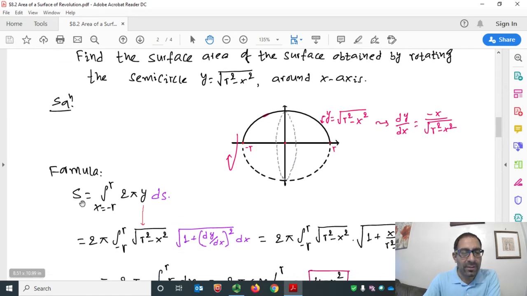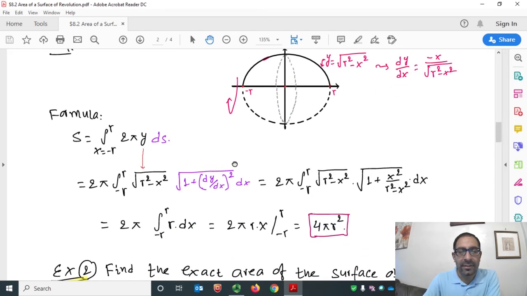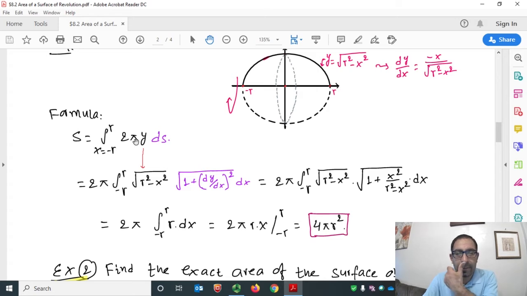The formula is the definite integral from x equals negative r to r of 2 pi y ds. That's better. y is given, and I can pull the 2 pi outside, so y equals the square root of r squared minus x squared, and ds is, by the formula, the square root of 1 plus the derivative squared times dx.